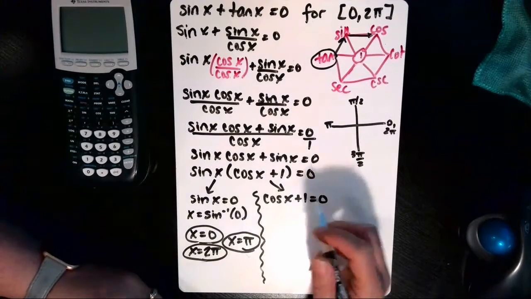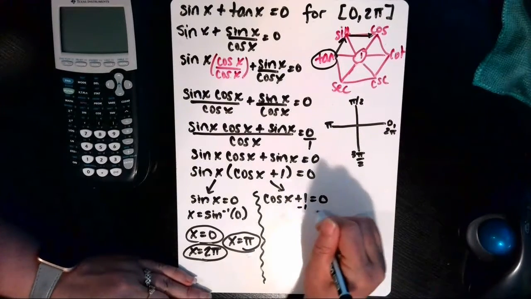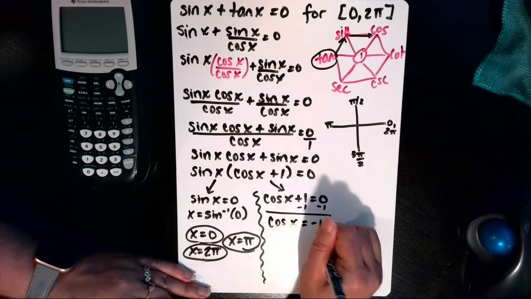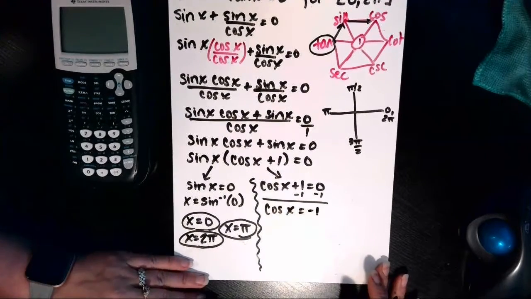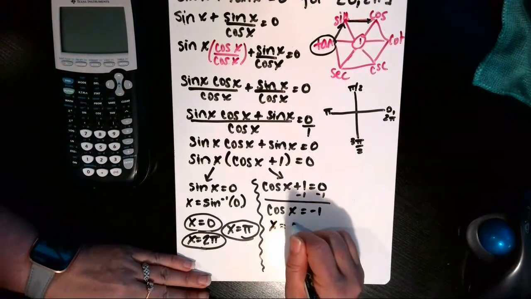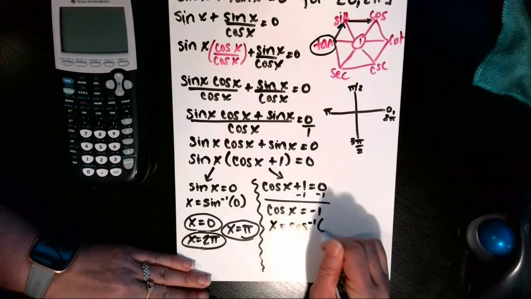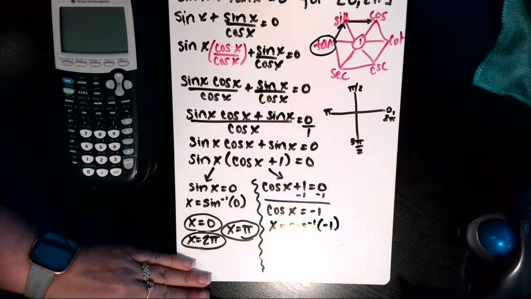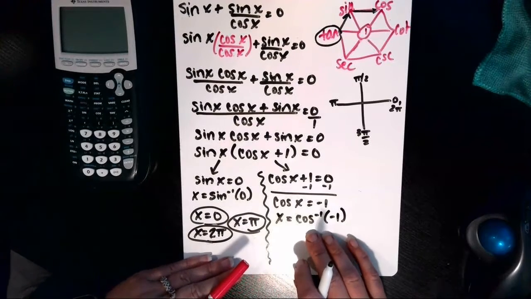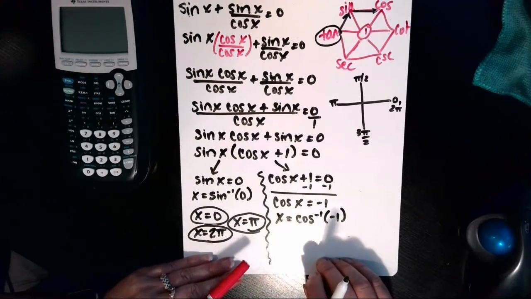Okay, now we'll take a look at this other equation. We'll subtract 1 from both sides, and cosine of x is equal to -1. And then we'll take the inverse of both sides, and x is equal to the arc cosine of -1. So that's asking us where on the unit circle is the x coordinate equal to -1.